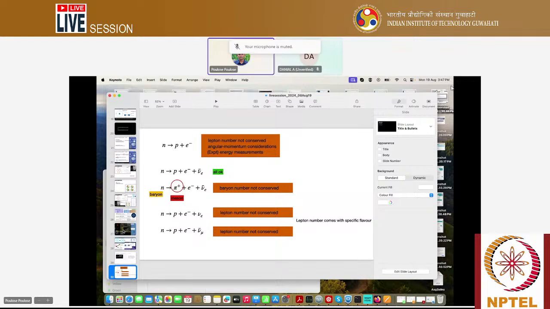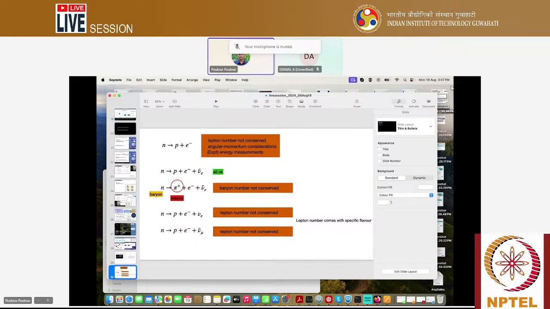Now that is okay. In the theoretical understanding finally, there are various considerations. One of those is the symmetry consideration. So there are various different conserved properties. One of the conserved properties is called the baryon number. Other is called the lepton number.